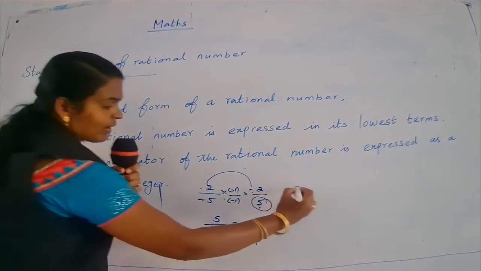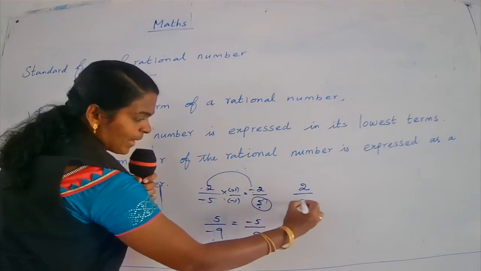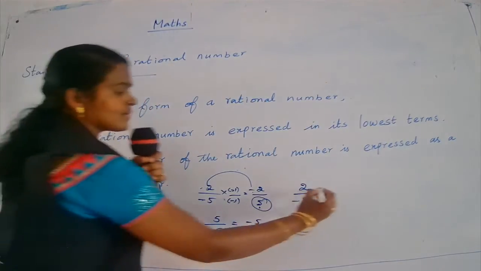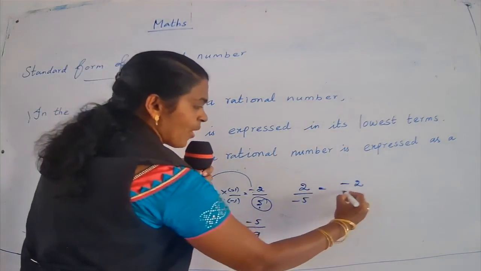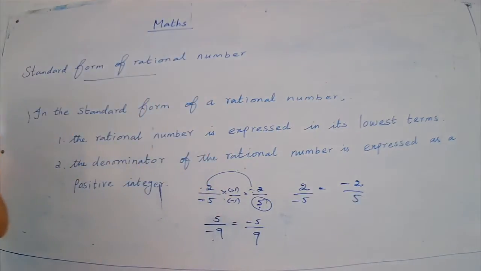So this is the standard form of rational numbers. Do you understand? I hope you understood.